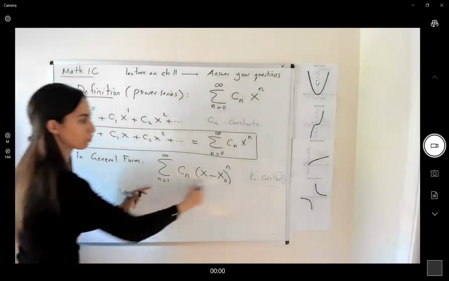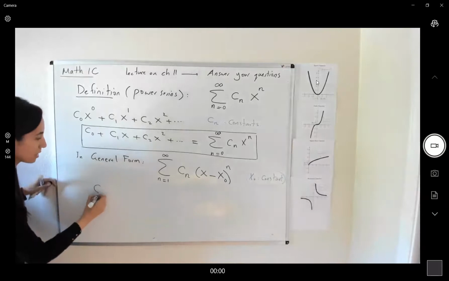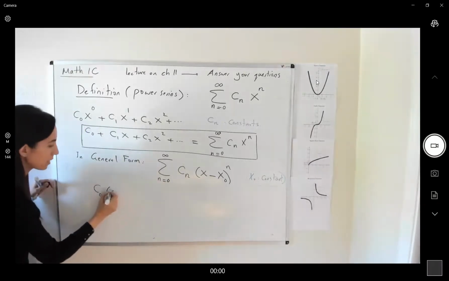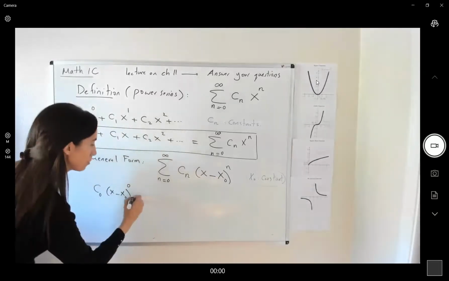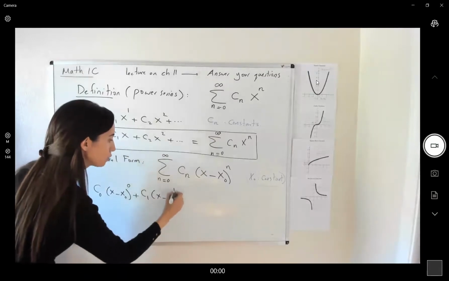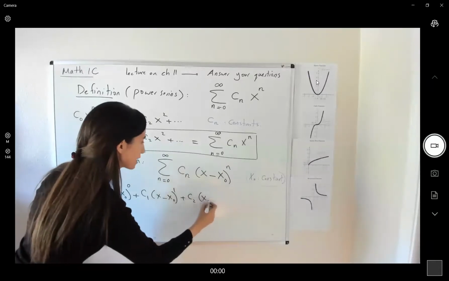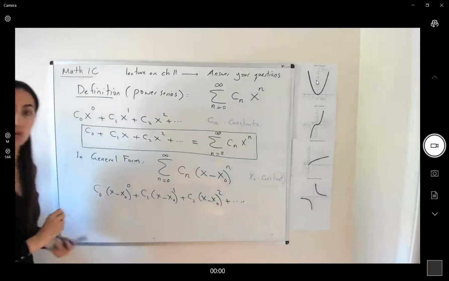So if you write this power series in expanded form, you get C sub 0 (x minus x sub 0) to the 0 power, plus C sub 1 (x minus x sub 0) to the first power, plus C sub 2 (x minus x sub 0) to the second power, and so on.